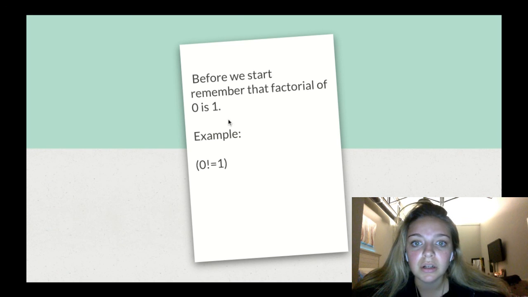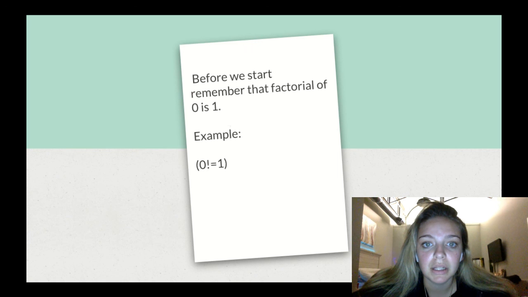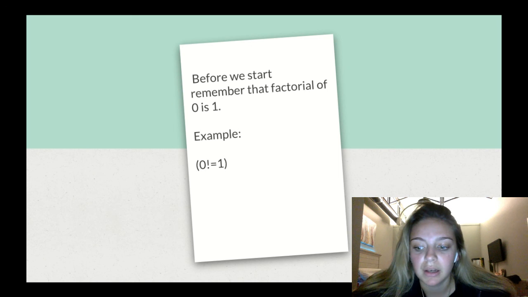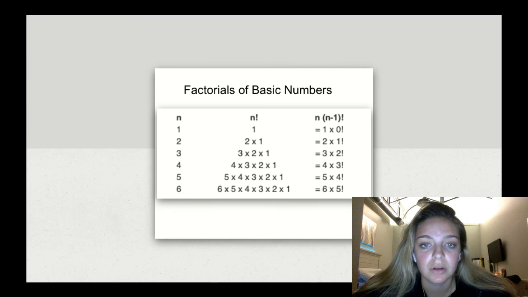Before we start, I want to remind everybody that the factorial of 0 is 1. So, of course, we have the example 0 exclamation point equals 1.